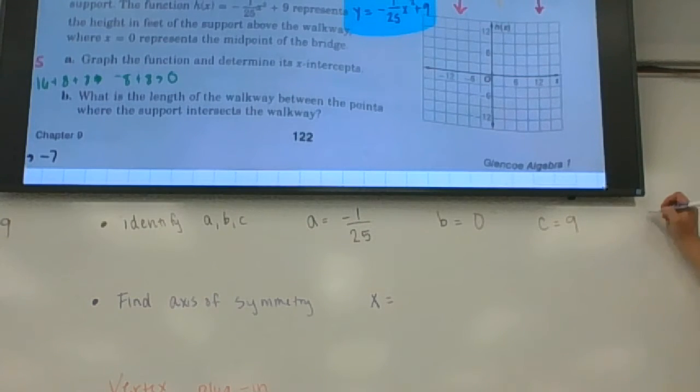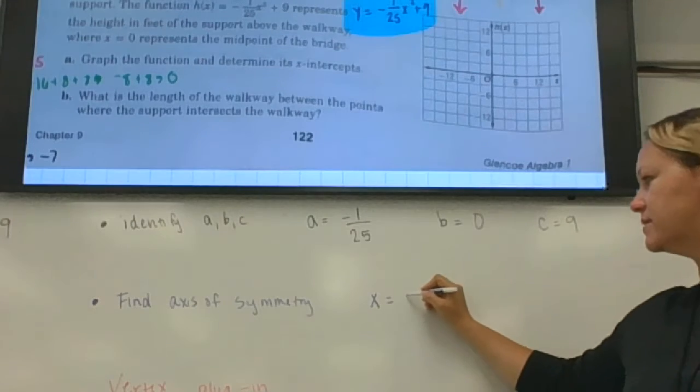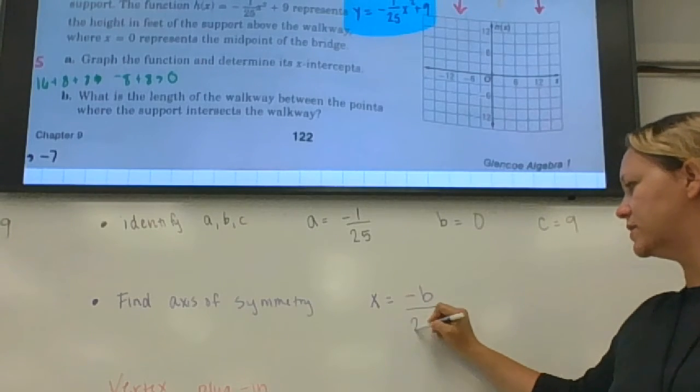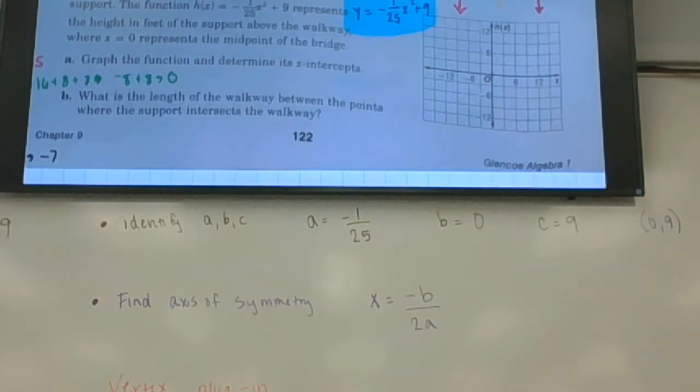That's a key point right there. Yeah, so next we'll do -b/2a. Will pointed out that I didn't identify the y-intercept, so we can go ahead and get 0, 9.